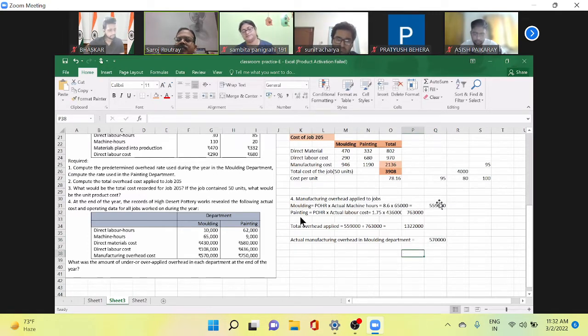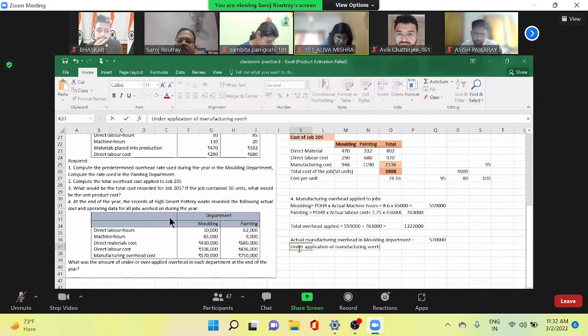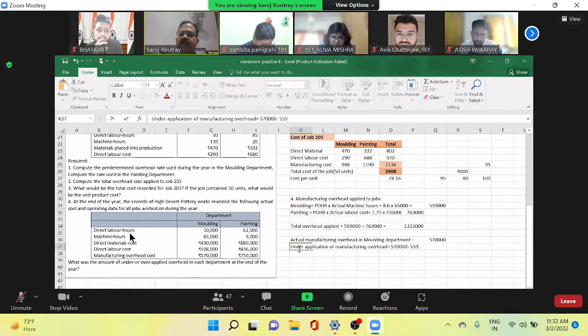And how much have we applied? 5,59,000. So is there over application or under application? Under application. Which is 570 minus 559.